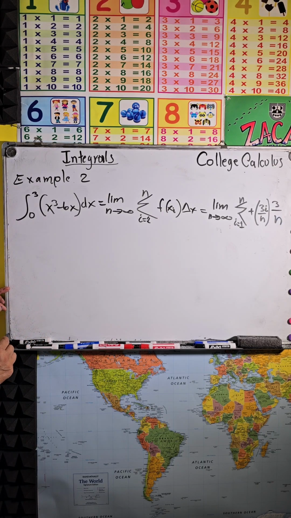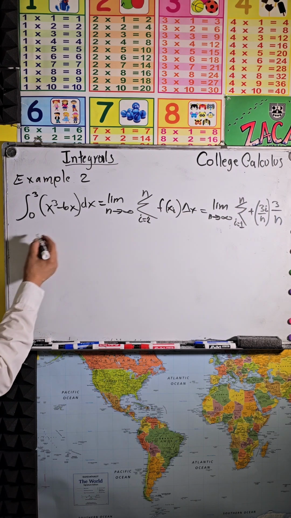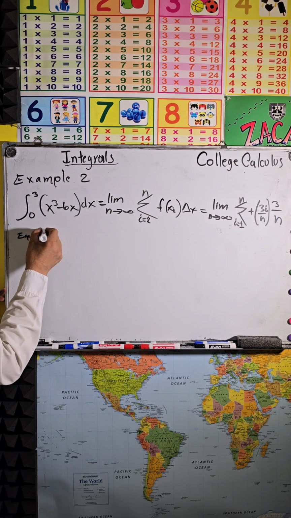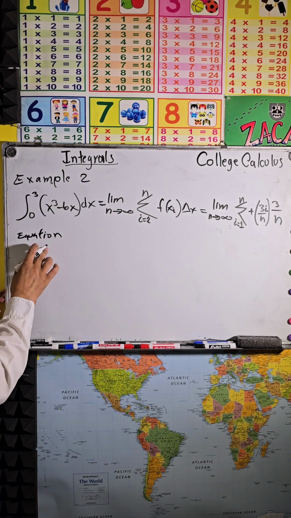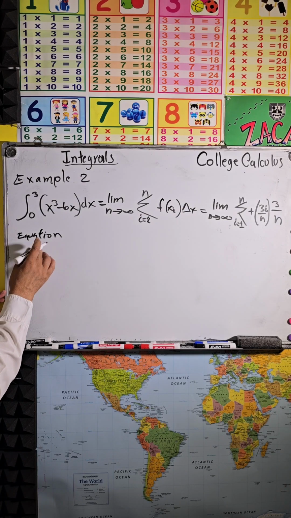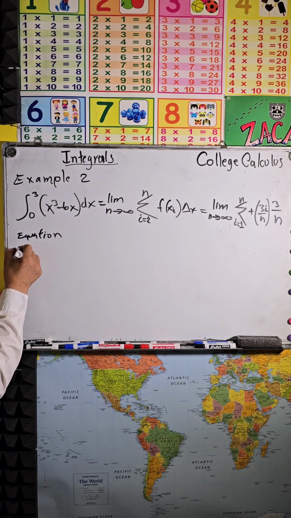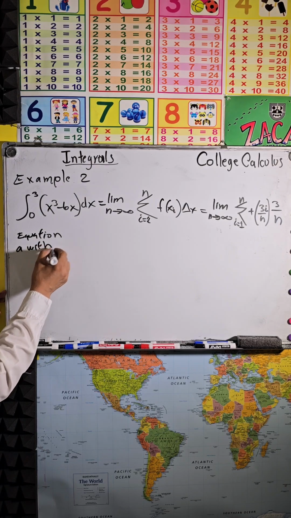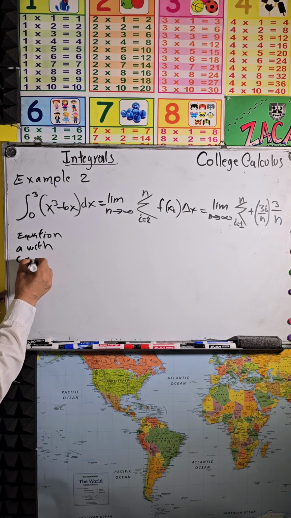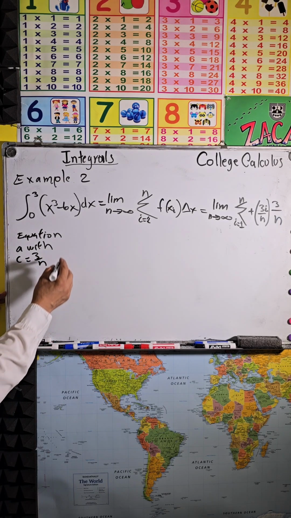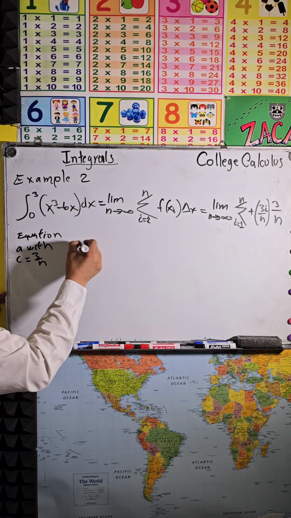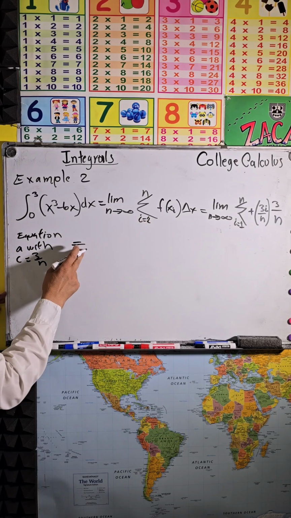Let me explain here. When we have this equation, I mean with c equal to 3 over n. So here it equals, we continue right here.